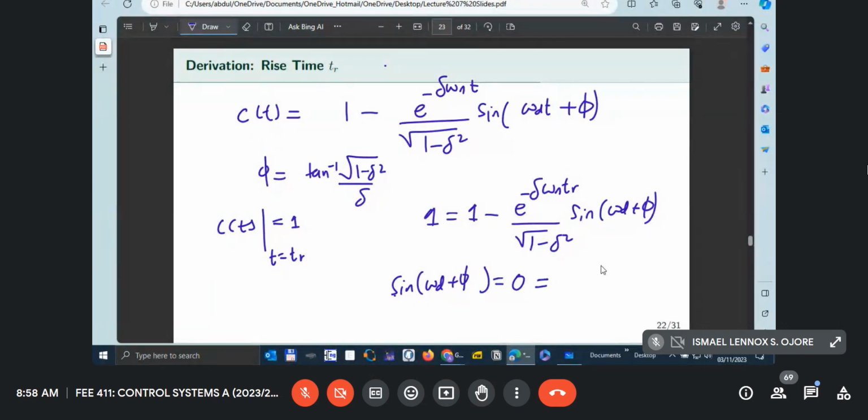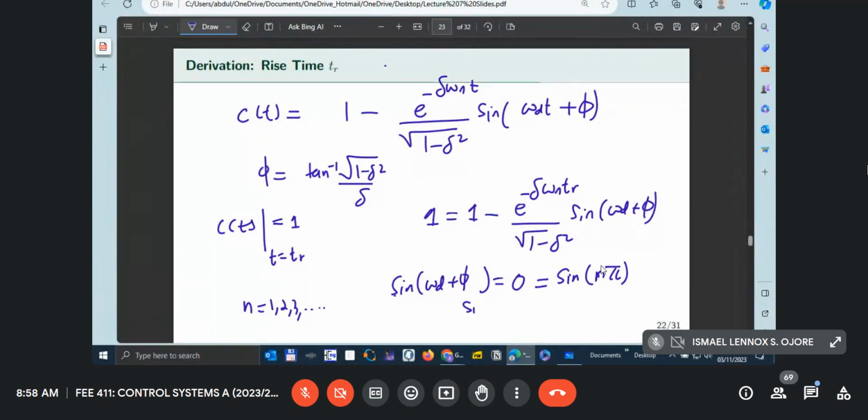And for us to compare, we can say sine 0 is also sine of 180, right? Sine of 180 is 0, sine of 360 is 0. So we can say this is actually n pi, where n is equal to 1, 2, 3, and so on.